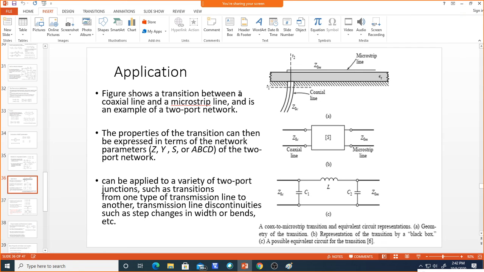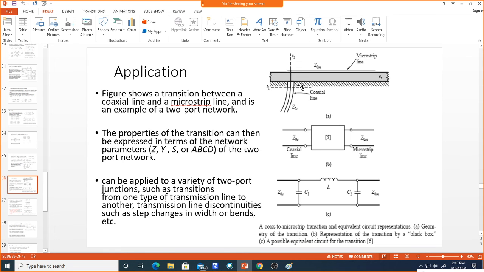Here we show an example: when we feed the microstrip line from a coaxial cable. The coaxial cable acts as the input terminal, and the microstrip line we can take as the output terminal, and whatever is in between we can express in terms of a microwave network.